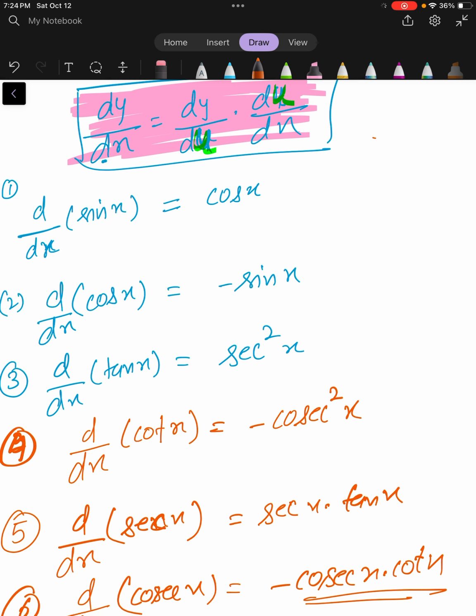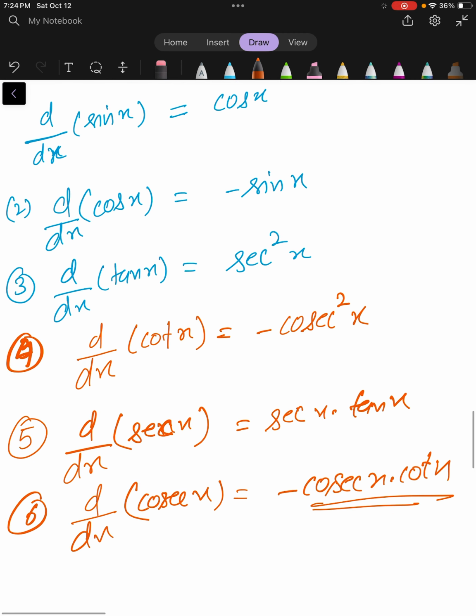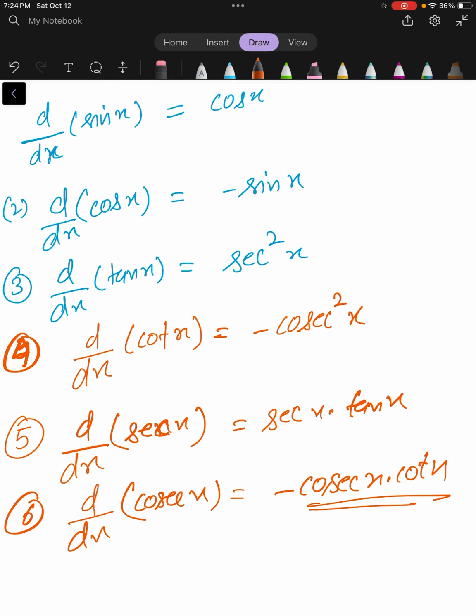Because based on them we will derive many more complex differentiations. To proceed with that, you should have these basic formulas in your mind. Then after that you can start.